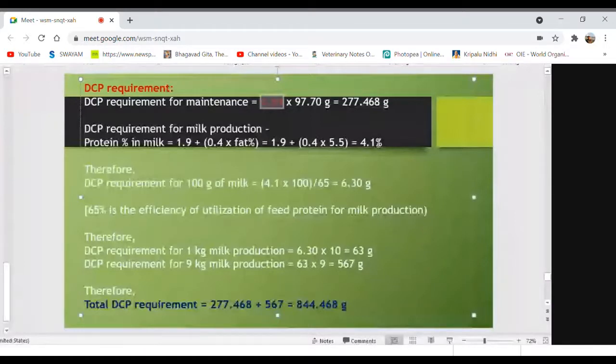And you have to remember this particular formula.